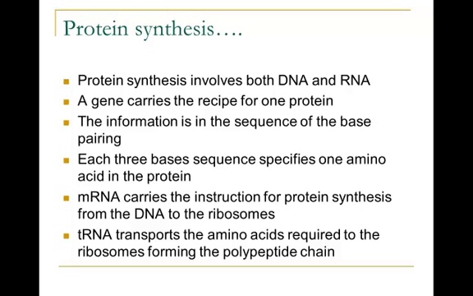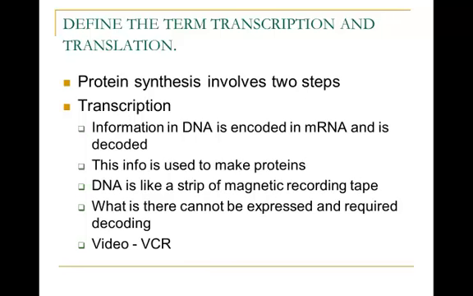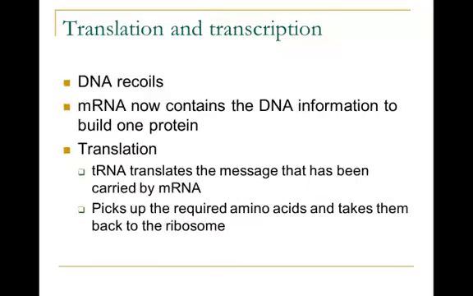Messenger RNA carries the instructions for protein synthesis from DNA to the ribosome, and transfer RNA is tasked with picking up the various amino acids in the cytoplasm and bringing them back to the ribosome. So there's two steps, okay? Two steps. I think I'll just go to a picture for a minute.